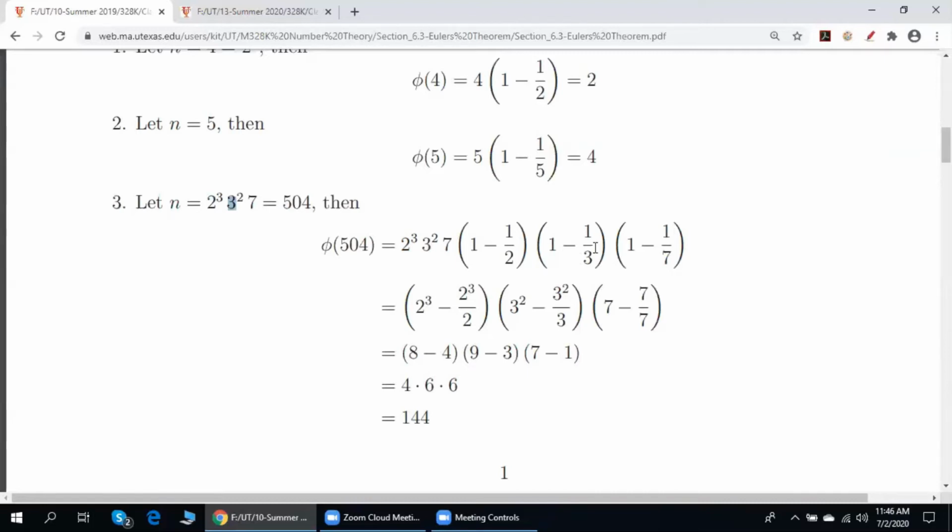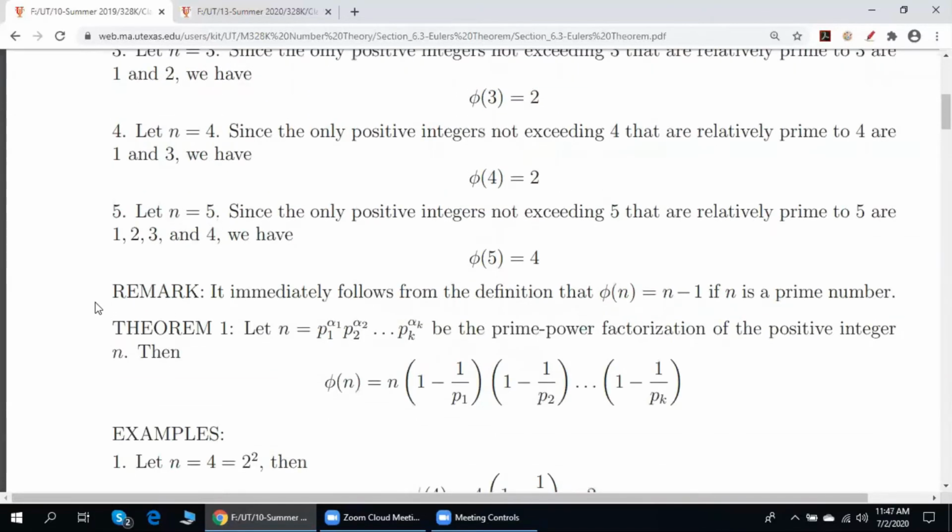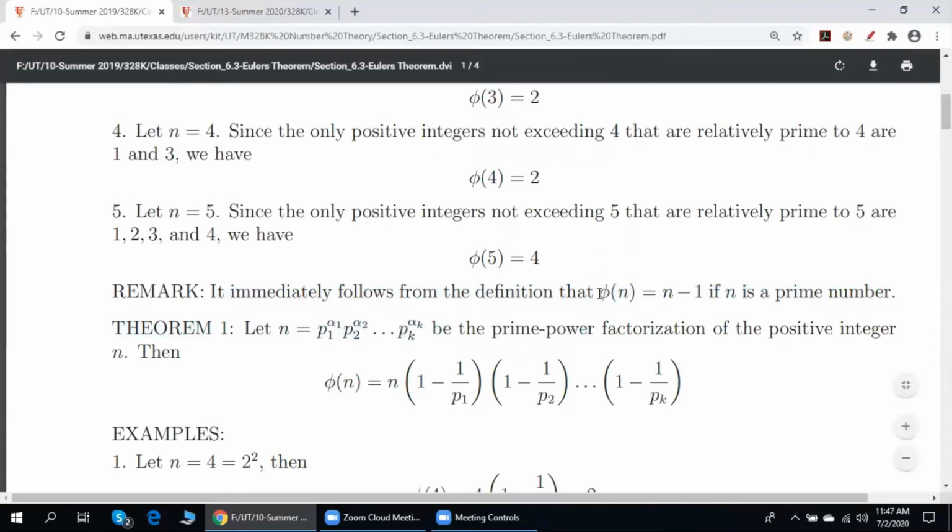P2 is 3, times 1 minus 1 over 7. P3 is 7. We do arithmetic. The answer is 144.